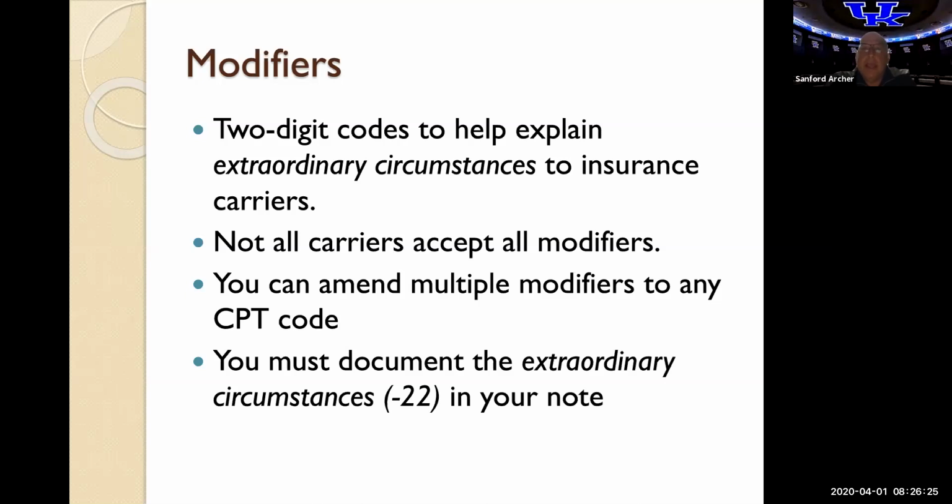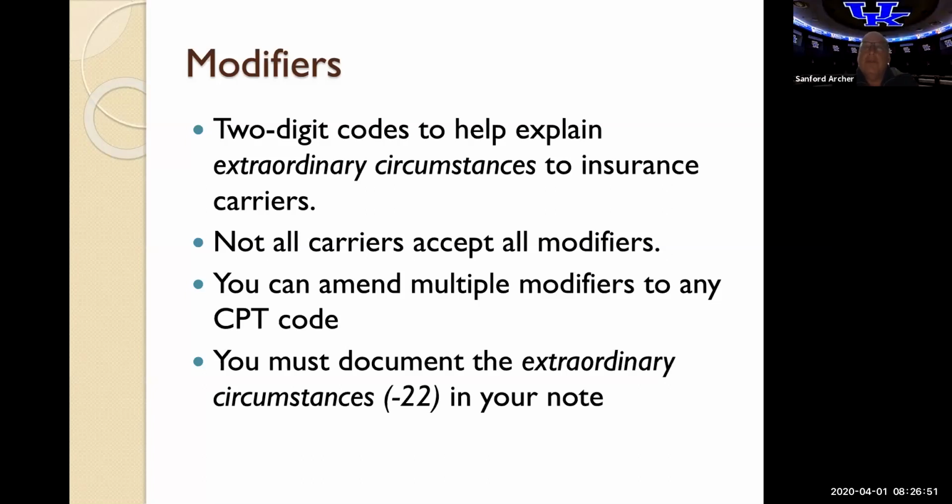Example being a patient who has had multiple previous sinus surgeries, has recurrence of polyps, has scar tissue, has their normal anatomy severely distorted. You're using image guidance with that. Those are all indications for documenting this is an extraordinary circumstance with an increased service level, and using the 22 modifier would be most appropriate.